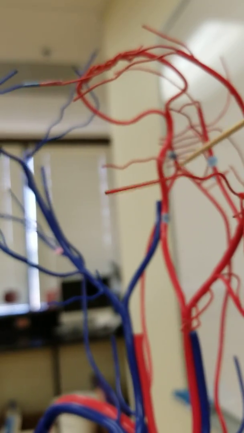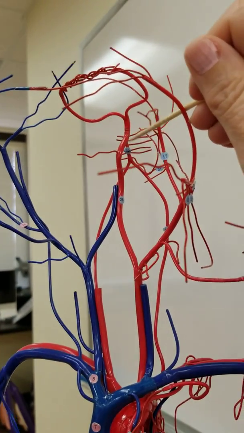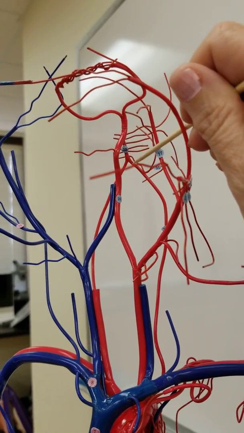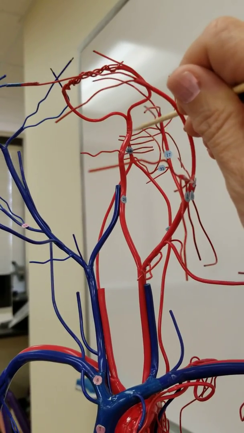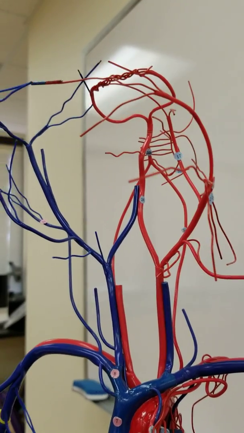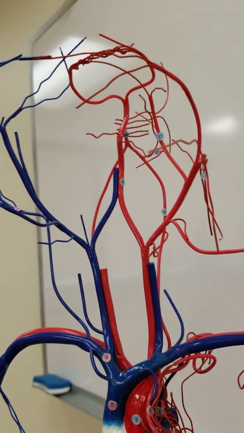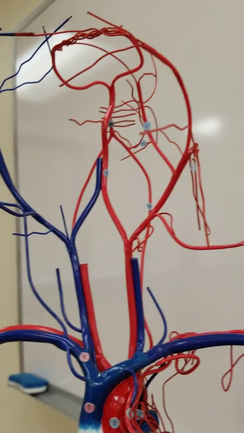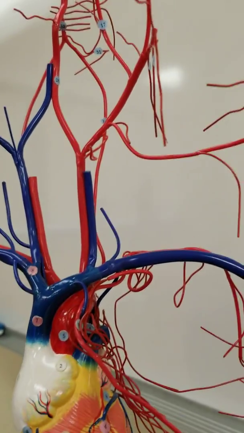And then they go past this area that kind of looks like a centipede with all these little side branches. So after the two vertebral arteries merge, this section right here is called the basilar artery, and it will also lead us up to the circle of Willis. So we have two ways of getting blood up into the circle of Willis, which is the main blood supply for the brain. Okay, so that gets us up through the head.